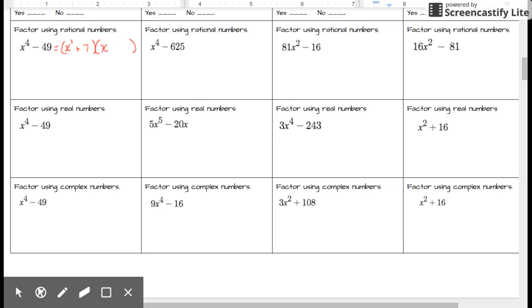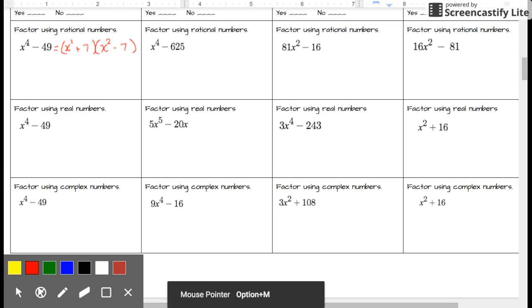And the other factor should be x squared minus 7. We may interchange the plus and the minus sign. And because we want to use only rational numbers, then we stop here. We're done factoring x to the fourth minus 49.